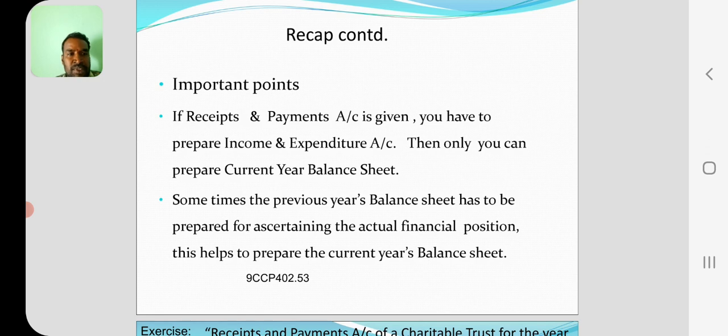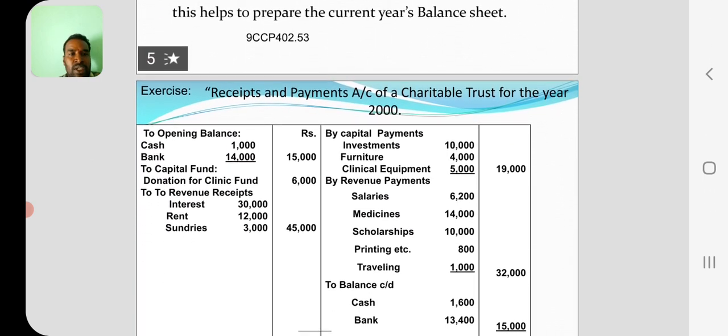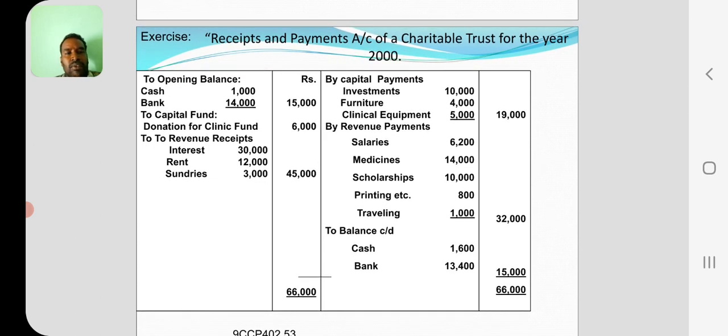So, important points here. If a receipts and payments account is given, we have to prepare the income and expenditure account. Then only we can prepare the current year balance sheet. Sometimes the previous year balance sheet has to be prepared for ascertaining the actual financial position, which helps to prepare the current year's balance sheet. So see here, this is the receipts and payments account.